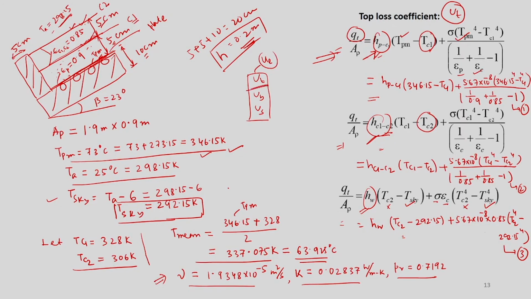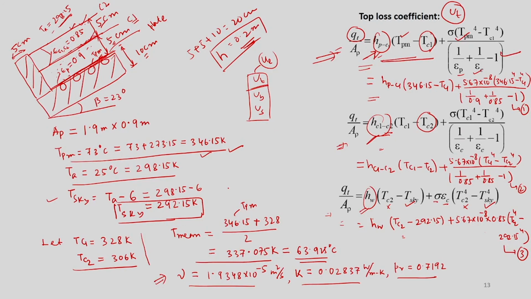To find out this UT, we have adopted the trial and error method. Okay. So, we know the heat exchange from this plate to glass cover 1 can be represented by this equation, and then heat exchange from plate 1 to plate 2 can be represented by this equation, and then from plate 2 to ambient can be represented by this equation. It involves 2 components, a radiative heat transfer component and a convective heat transfer component, okay, in all the 3 cases.